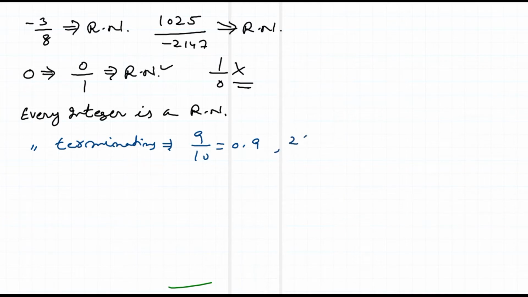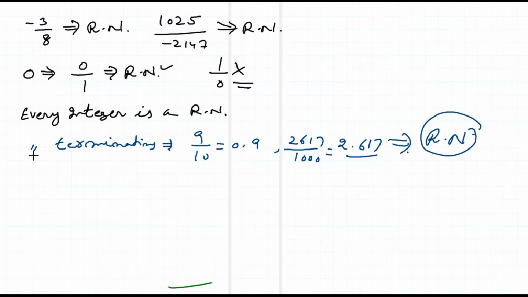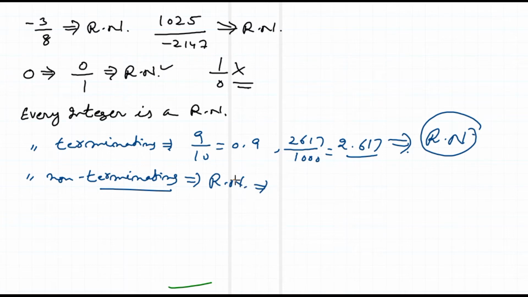If I write 2617 upon 1000, it would become 2.617. So every terminating number is a rational number. Every non-terminating repeating number is also a rational number.